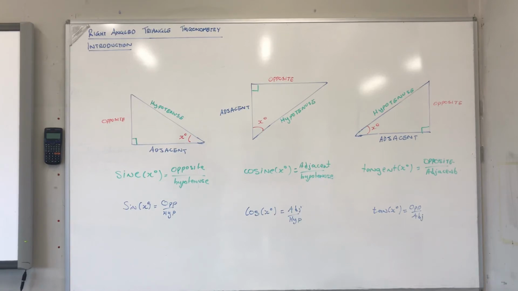We could further simplify that as the mnemonic to help us remember these. And if you look at the first letters of each thing that we're dealing with, we can get a mnemonic, which sometimes helps people and some other people don't like it. So I'll show you anyway.